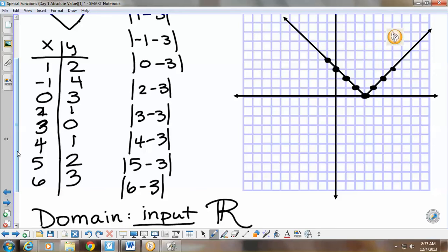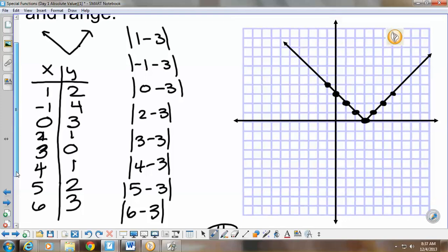All but negative numbers. How could we say that? Not all real numbers. True. Can't just list all of our numbers, can we? Because there's too many of them.